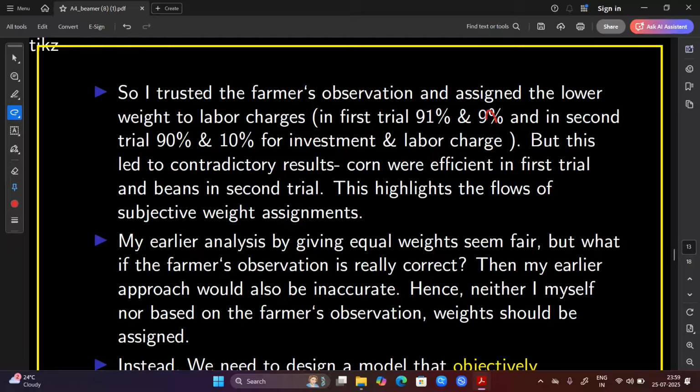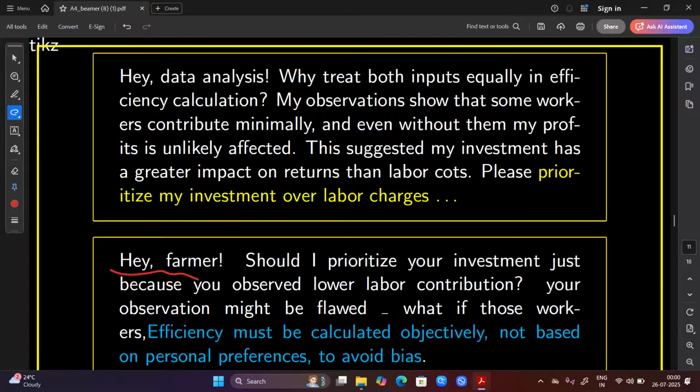This highlights the flaws of subjective weight assignments. So here they are discussing, okay, by the observation of a farmer, the data scientist has assigned different weights.